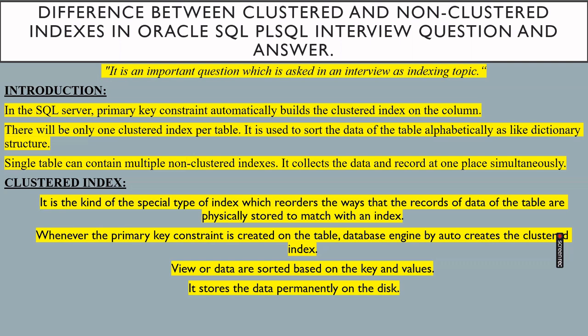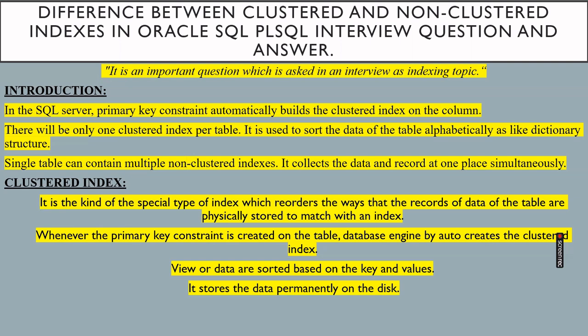A single table can contain multiple non-clustered indexes. A clustered index is a special type of index which reorders the way records of the table are physically stored to match the index.